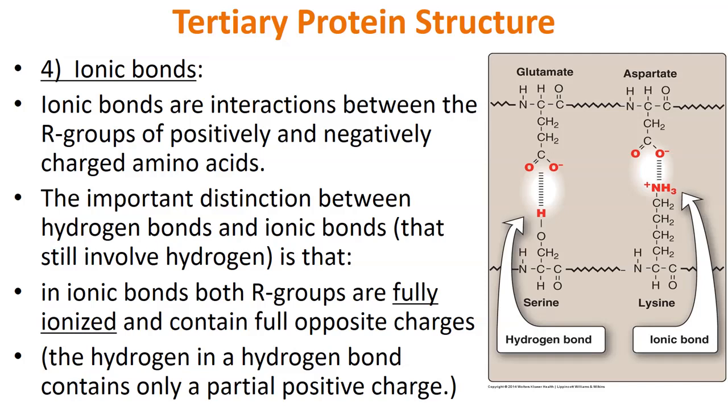So you'll notice in this case, there's an extra hydrogen here in lysine that's going to be normally present at physiological pH, so it gives it a net positive charge. And in this case, the R group of aspartate has a full negative charge. Once again, fully ionized, ionic. A partial positive charge on a hydrogen is going to be a hydrogen bond.